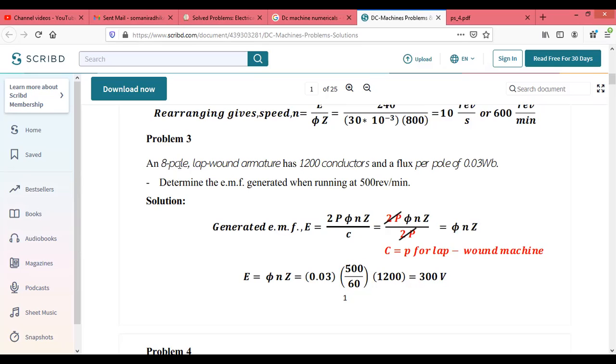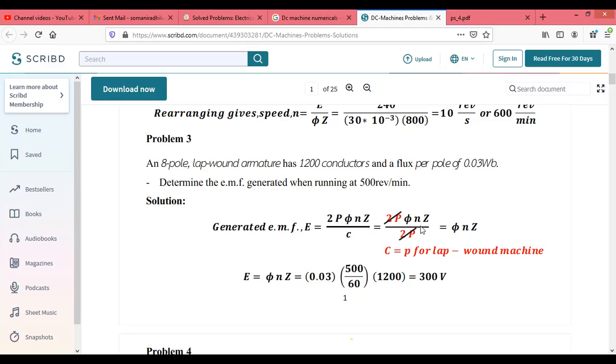If they give an 8 pole lap wound armature which has conductors and flux, at that time, if you consider it as an 8 pole machine, and if you consider C equal to 2p, at that time you can write, here 2p is there, C equal to 2p, and the 2p will get cancelled.